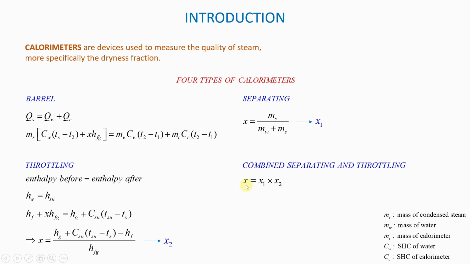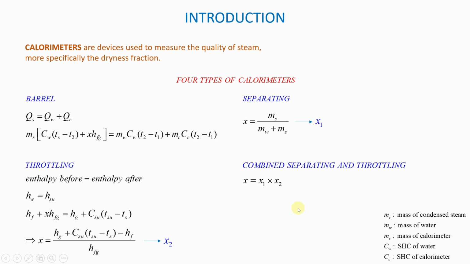And the way we find this x is by multiplying x1, which is the dryness fraction of the separating calorimeter, and x2, which is the dryness fraction of the throttling calorimeter. And so when you combine them like that, then you get a more accurate answer for the dryness fraction.